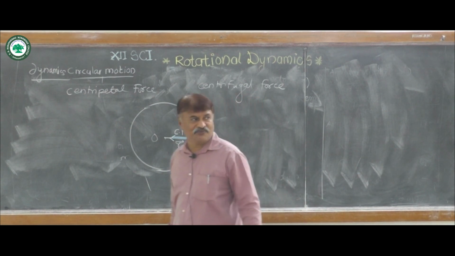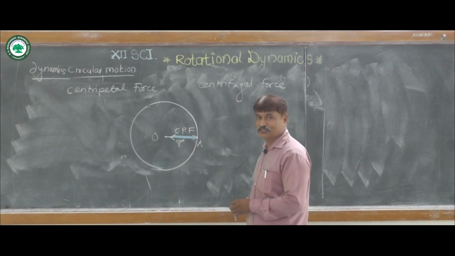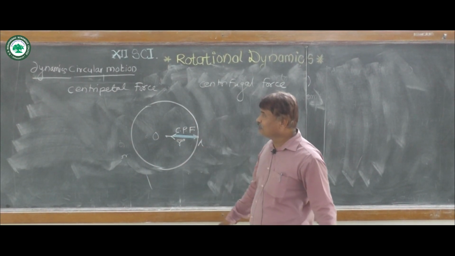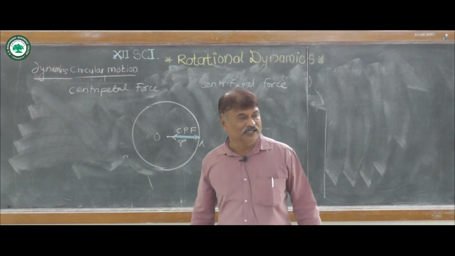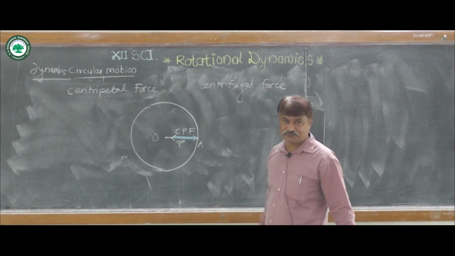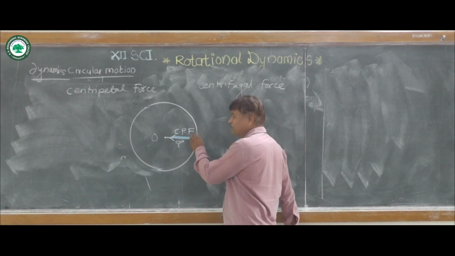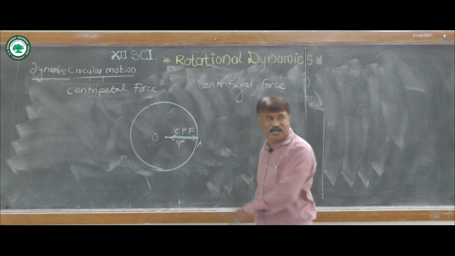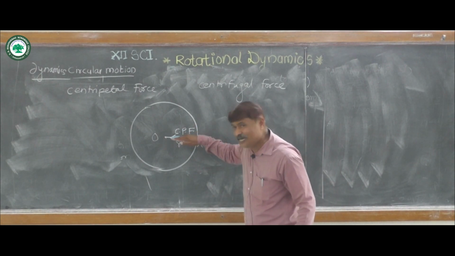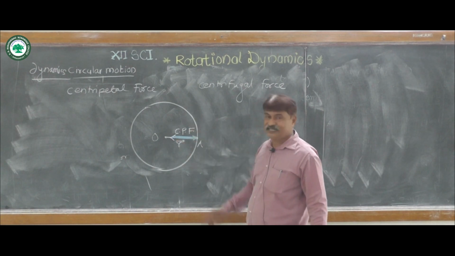So what is the definition of centripetal force? We study the dynamics of circular motion. In the dynamics of circular motion, there are two forces, centripetal force and centrifugal force. So what is centripetal force? The force acting on a particle along the radius directed toward the center is called centripetal force.